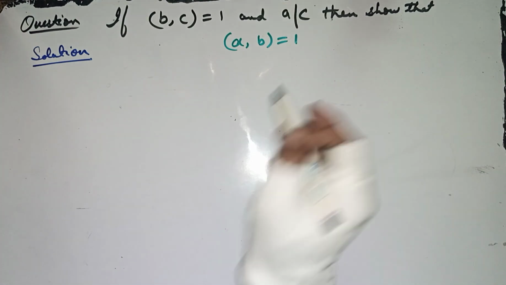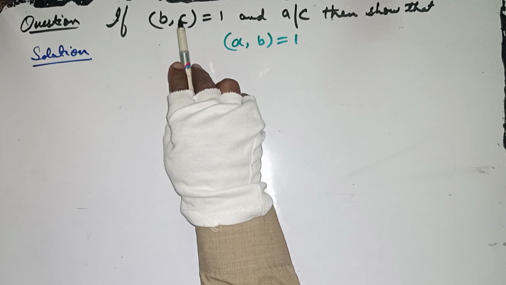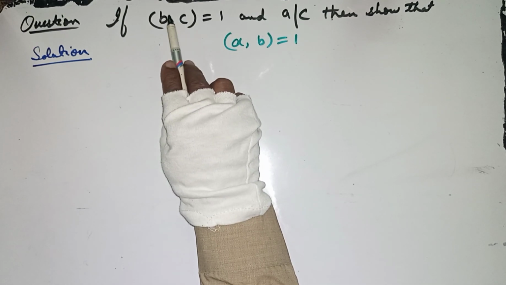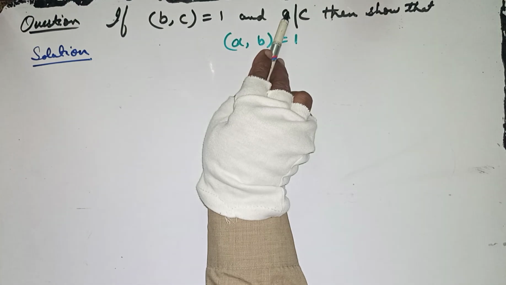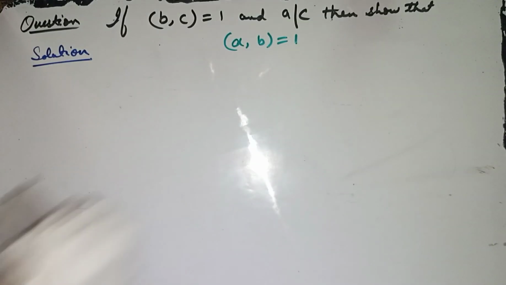Now you understand that if B and C are relatively prime and some number divides C, then this divisor and B are also relatively prime.